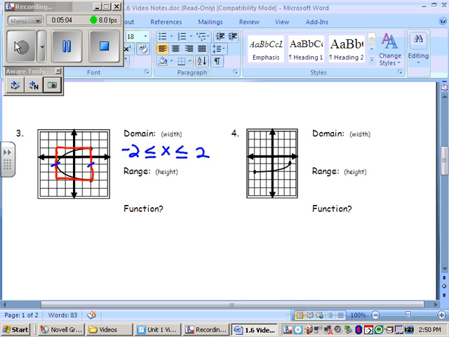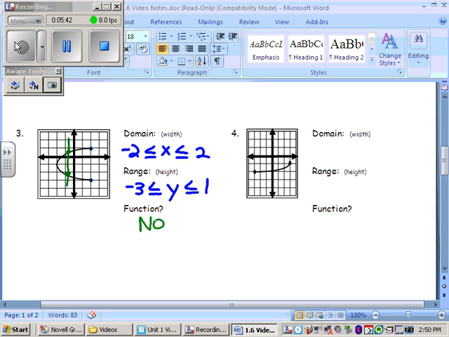For the range, however, we are at positive 1 at the top, and we are at negative 3 at the bottom. So again, remember to write your smaller number first, then your less than or equal to sign, using the y for range, and then is less than or equal to 1. Then to determine if it's a function or not, we're going to erase this, draw a vertical line, and again in this case, it touches it twice, which tells us the x values are repeating. So this is not an example of a function.